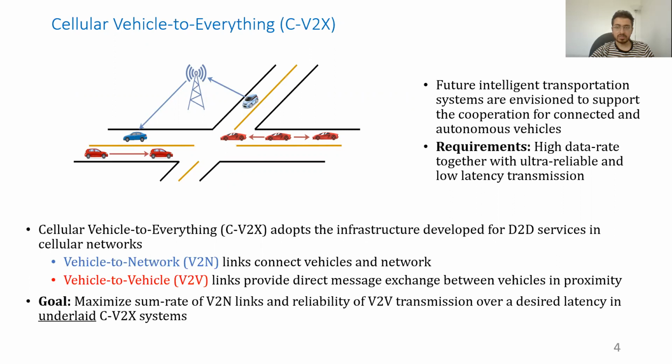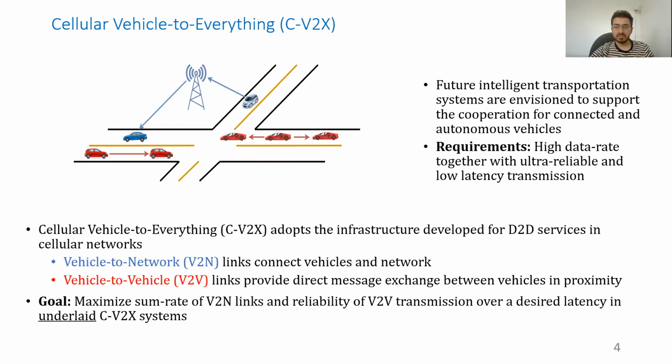Typically, a CV2X system includes vehicle to network or V2N and vehicle to vehicle or V2V transmission. The V2N transmission connects the vehicle to the base station, while the V2V transmission provides direct information exchange among the vehicles in proximity.